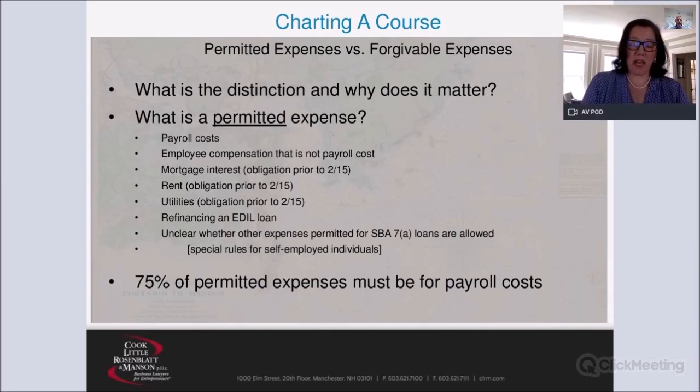You don't want to spend any of these funds on things that are not permitted. Separate and aside from forgiveness, there are serious penalties vis-a-vis the federal government for using these funds in an impermissible fashion.